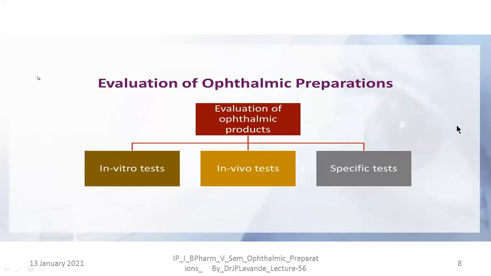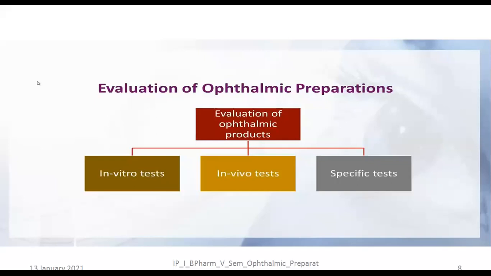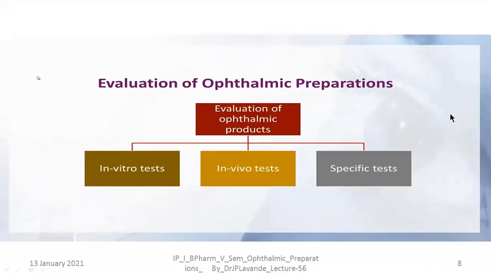There are three different tests by which we can go. So the very first test is the in vitro test, then the in vivo test, and there are specific tests.